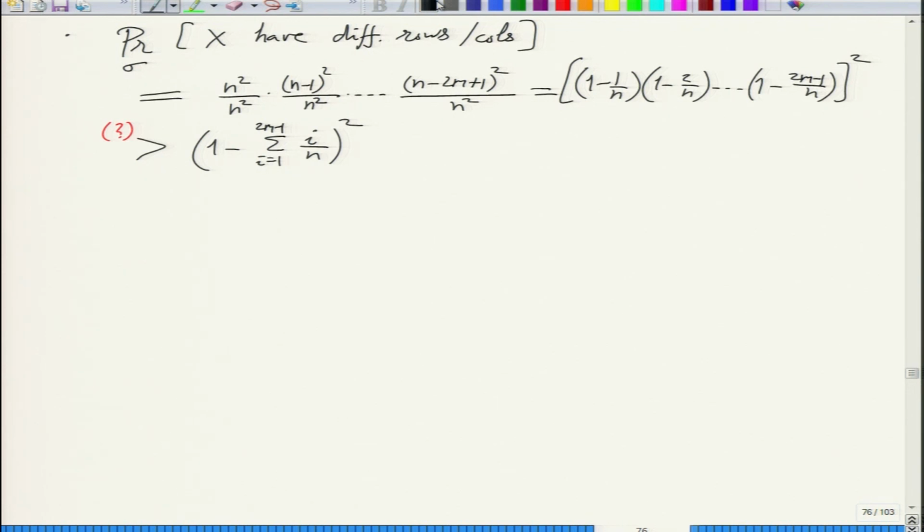The larger contribution comes from the first two terms, and the remaining will only increase it. So it's this sum of i by n that you have to estimate, for which you know the lower bound, so that gives you an upper bound.